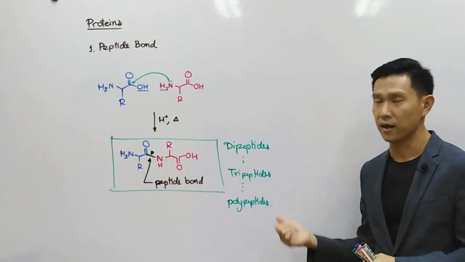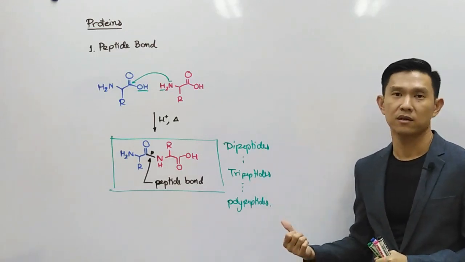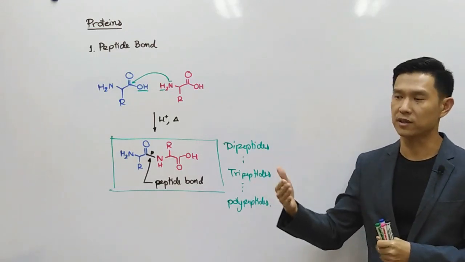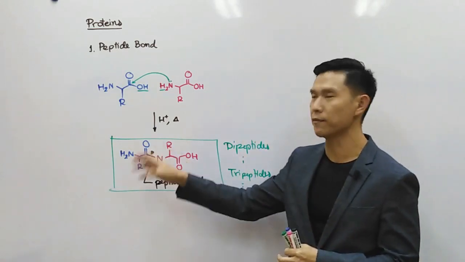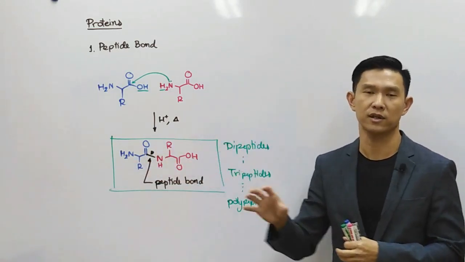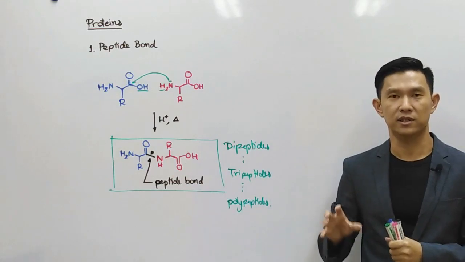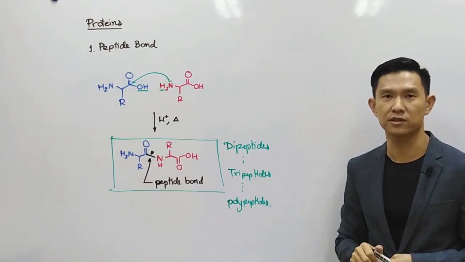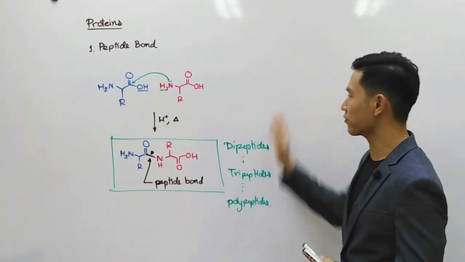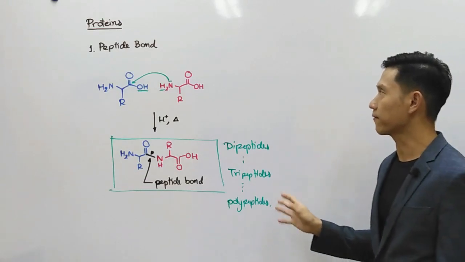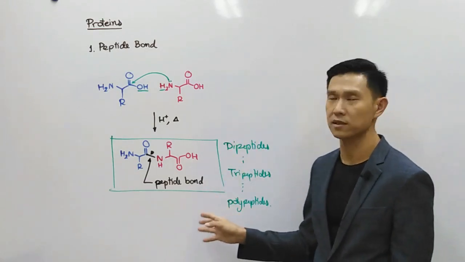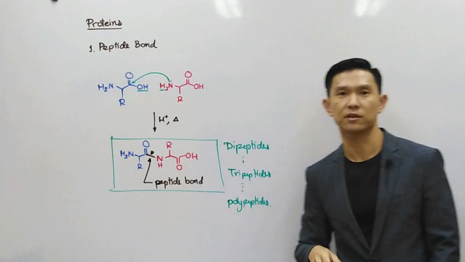So everything has to be synthesized and arranged, the amino acid order by order very nicely, in order to make a particular protein structure. Okay, so this is the first type of thing, peptide bonds, which is the majority.